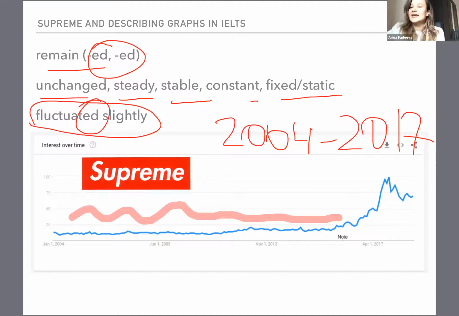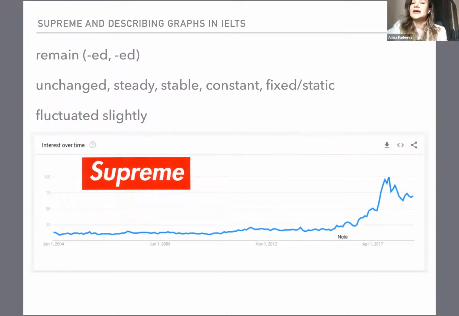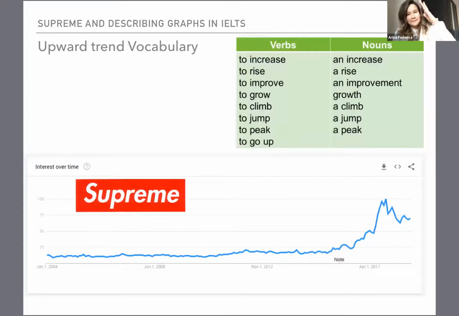Now you try. Let's describe the rest of the graph, and we'll practice the vocabulary of the upward trend. All right. So before you share your ideas, I want to mention some verbs and nouns. And a great trick here, examiners like when you use both verb phrases and noun phrases.